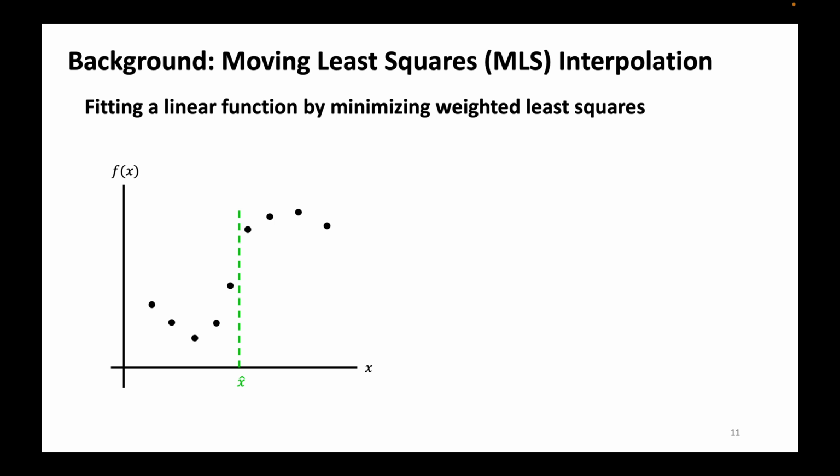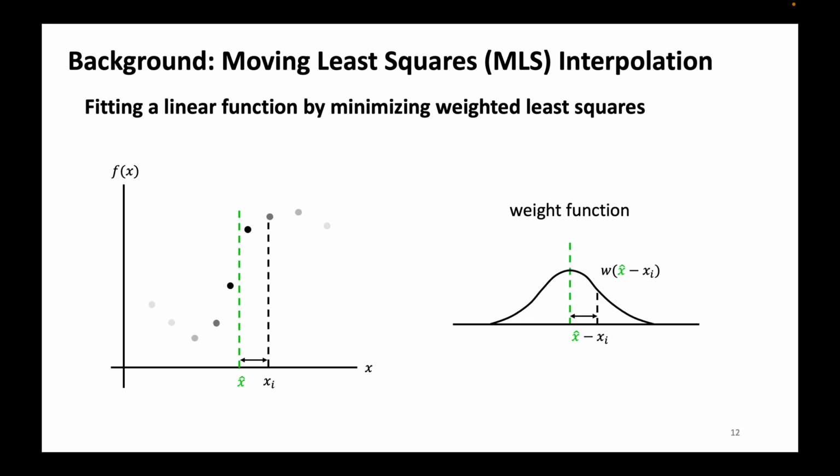Next, I will show you the overview of the interpolation scheme named Moving Least Squares, so-called MLS. MLS optimizes the fitting function by minimizing weighted least squares. Here, we want to estimate the value at x hat by fitting a linear function to the data points drawn as breakpoints.